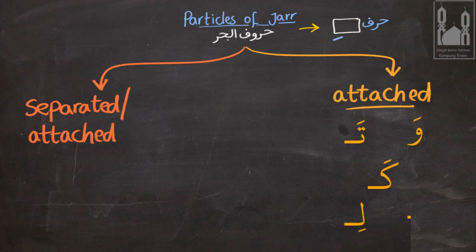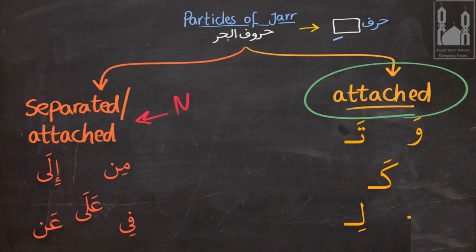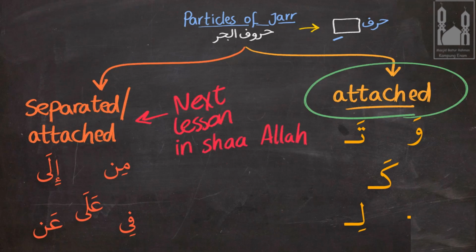And the other group that can be attached or be used separately are min, ila, ala, fi, an. And now we'll start discussing the first group. The next group will be discussed the next lesson, inshallah.